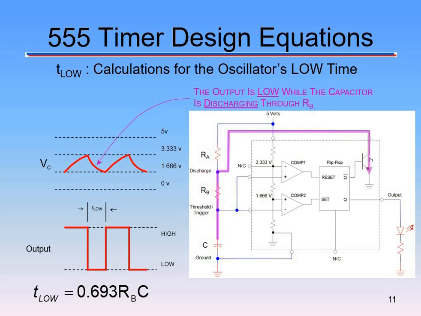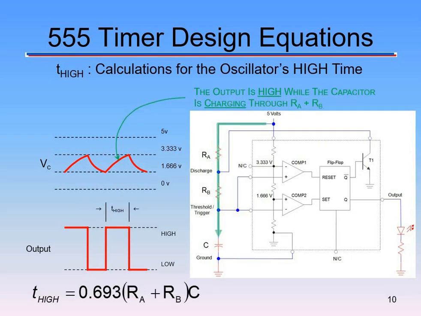Time low has to do with when the capacitor is discharging. Let me step back a little bit on this slide. Time high, what are we doing right here? We're getting 5 volts. We're going through RA, RB, and the capacitor. So that's charging the capacitor. Then watch what happens.